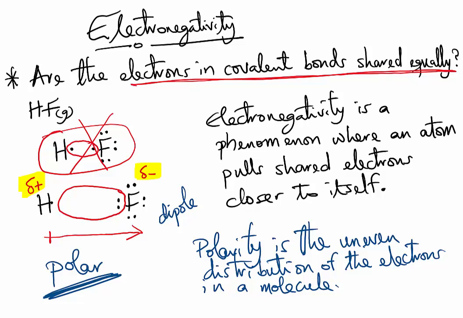The next question then is this: what determines whether an atom will be highly electronegative or very lowly electronegative? To answer that question, let us take a look at the periodic table.